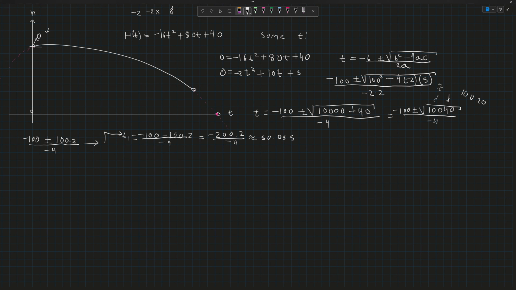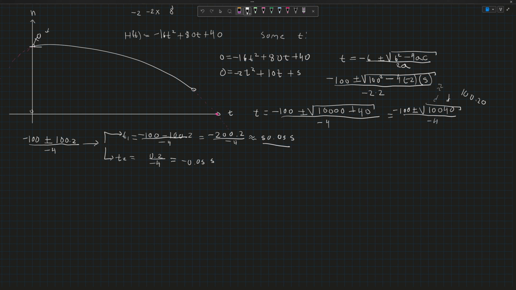And if you go the other route where we find t2, you're going to add these, and you're going to be left with 0.2. What's really interesting is that this is going to give us some negative time, around negative 0.05 seconds. And this is in seconds, by the way.